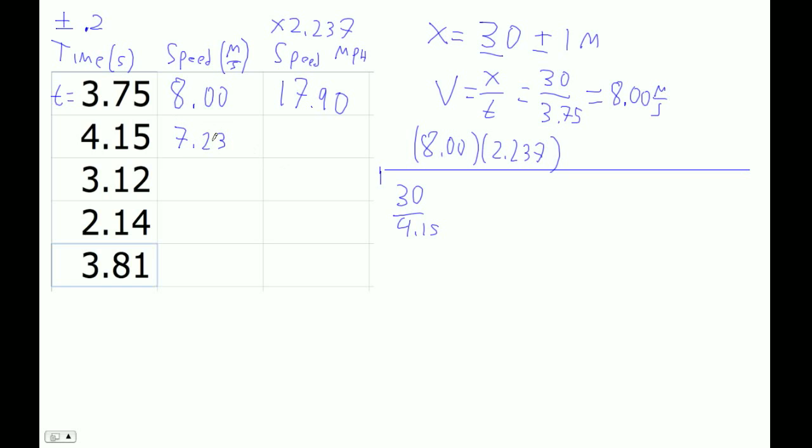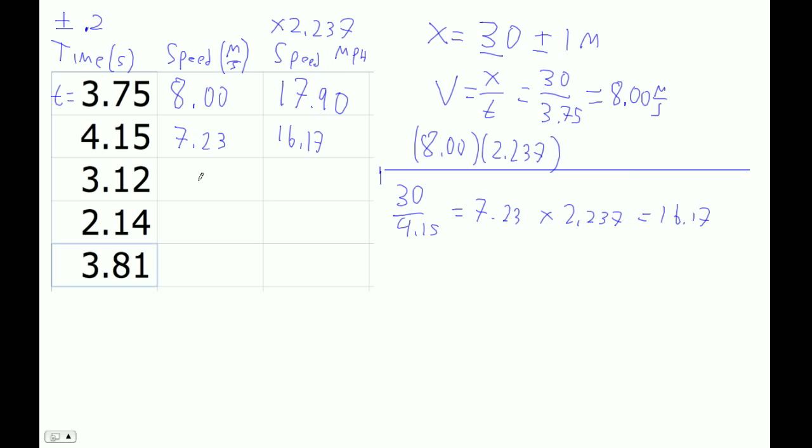And then, while it's still in my calculator, times 2.237, and I get 16.17. So that equals 7.23, then times 2.237, and I get 16.17, and that's miles per hour.